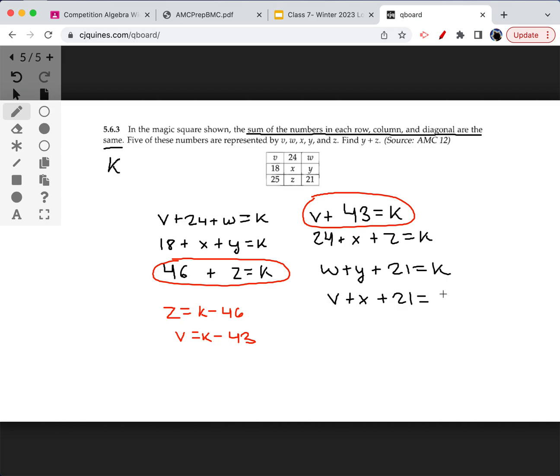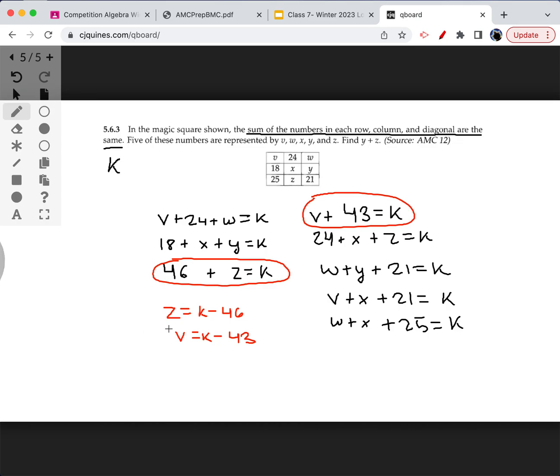So v plus x plus 21 is equal to k, which is this diagonal, and this diagonal is w plus x plus 25 is equal to k. So this is all the information that we have.